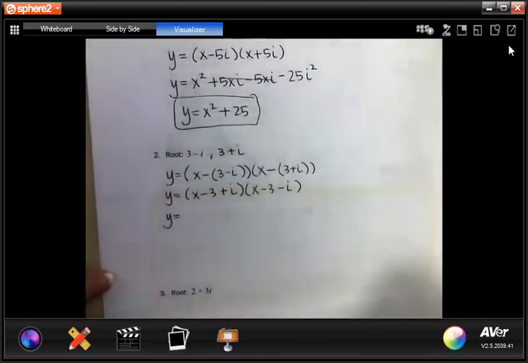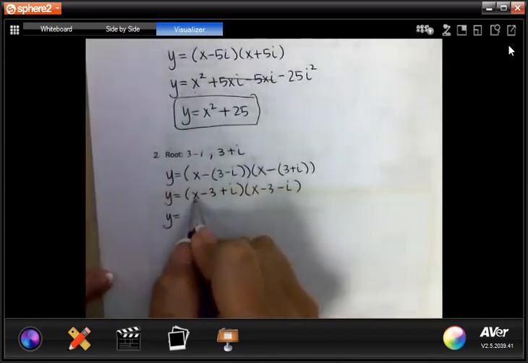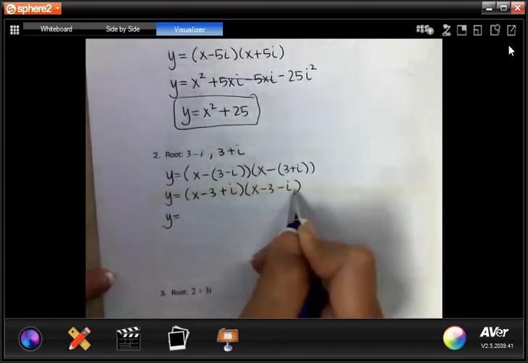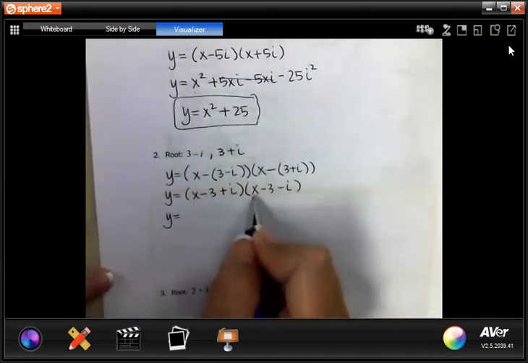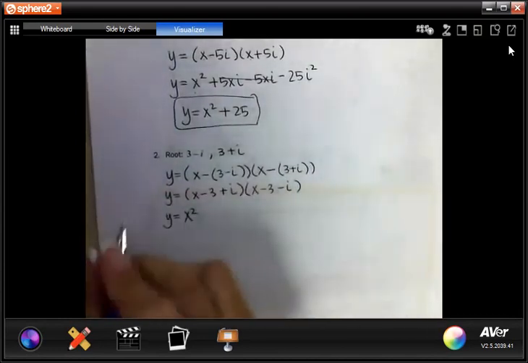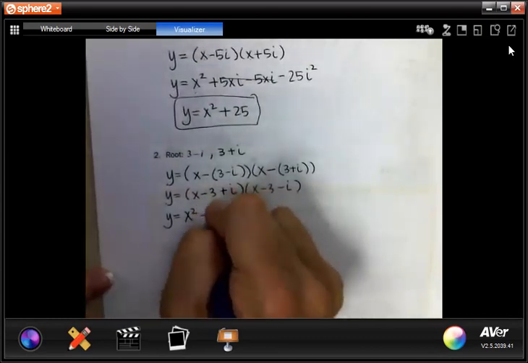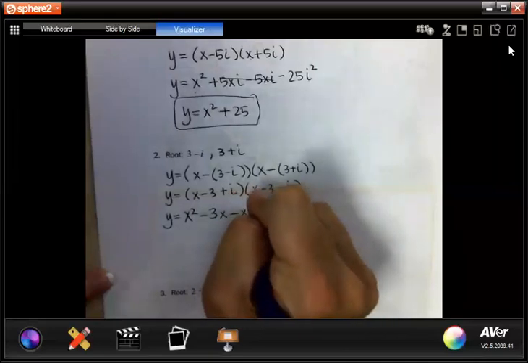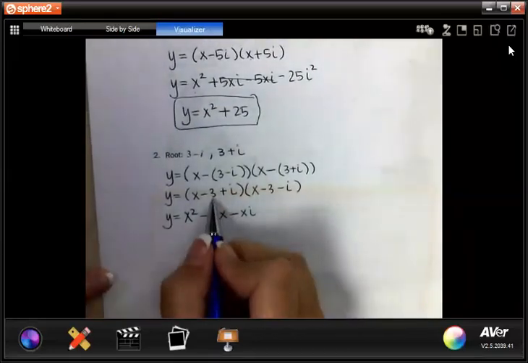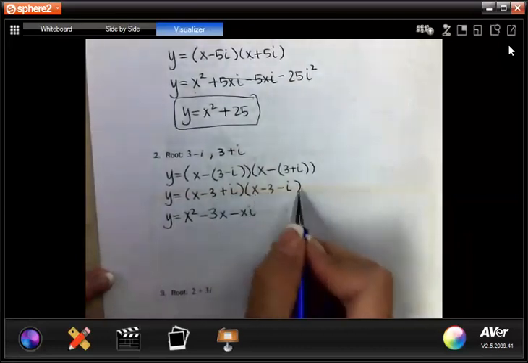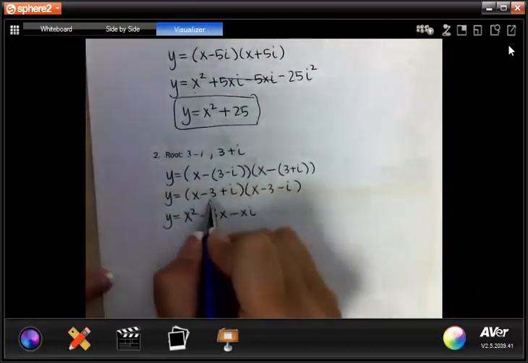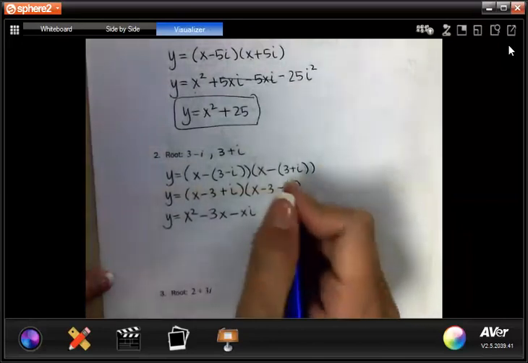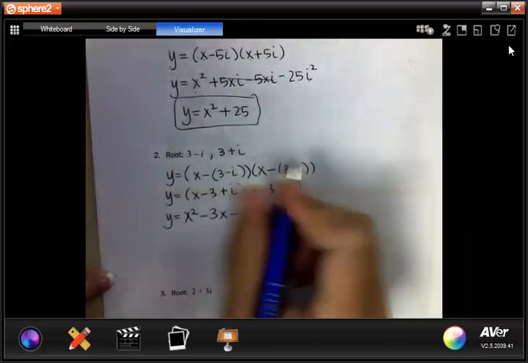If you just distribute, which is what I'm going to do here, I multiply this x times everything in the other parentheses. So x times x gives me x squared, x times negative 3 gives me a negative 3x, and x times a negative i gives me a negative xi. Now I distribute this negative 3, so I multiply this negative 3 times everything in there, and so I get negative 3 times negative 3, which gives me a positive 9.